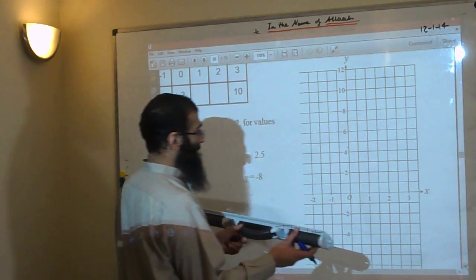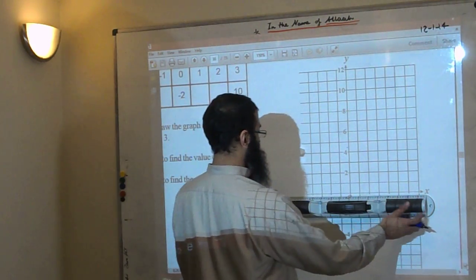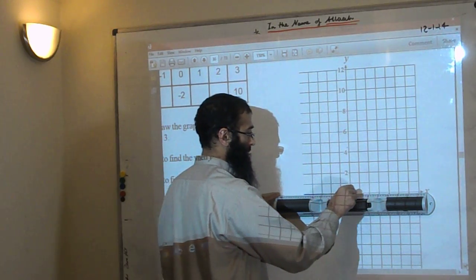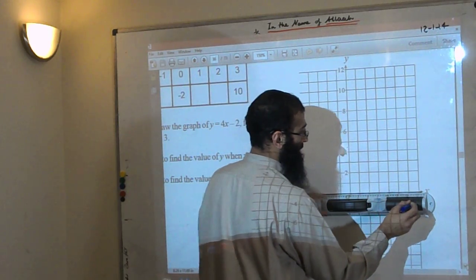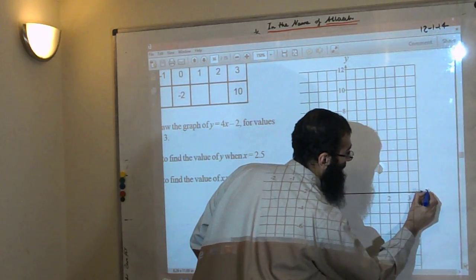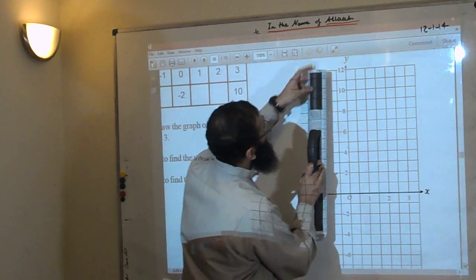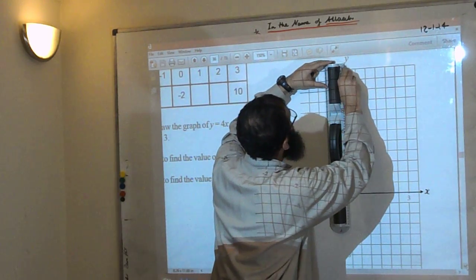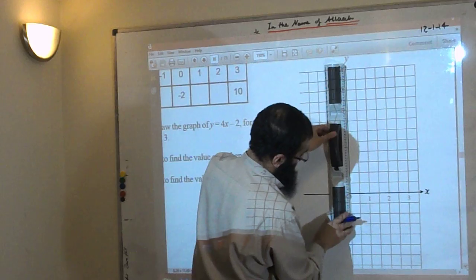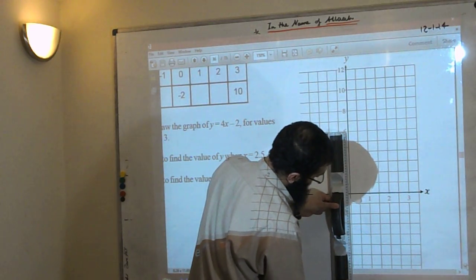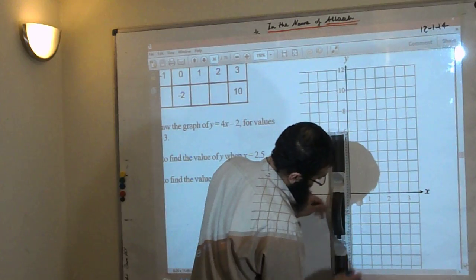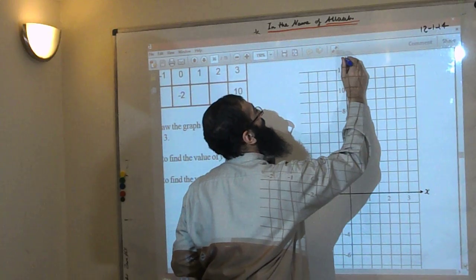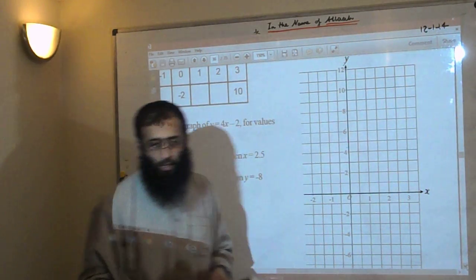So what I'm going to do now, I'm going to emphasize it. That's our x-axis. That's our y-axis.